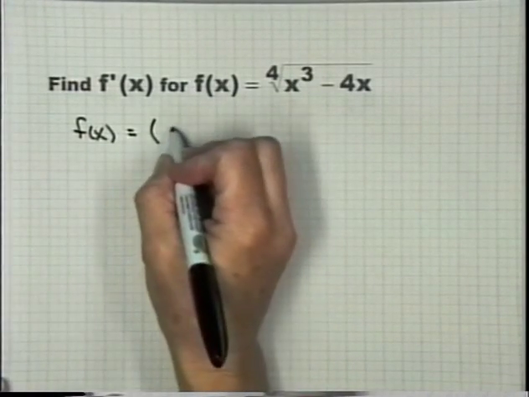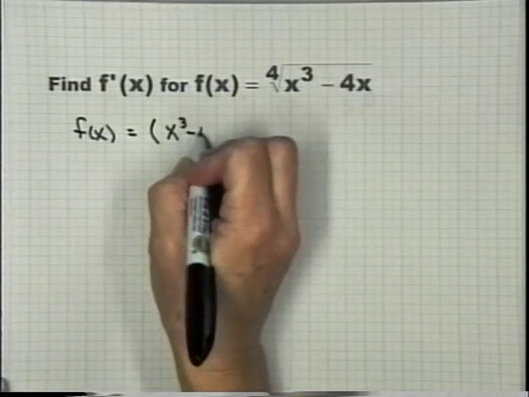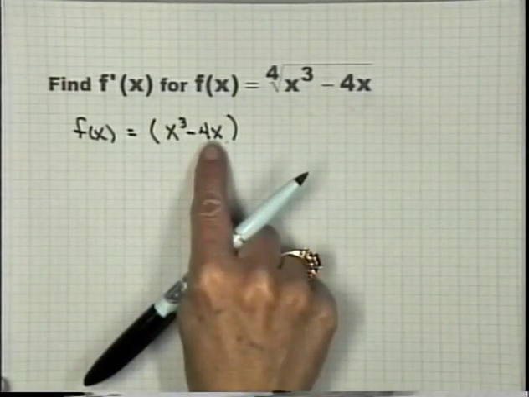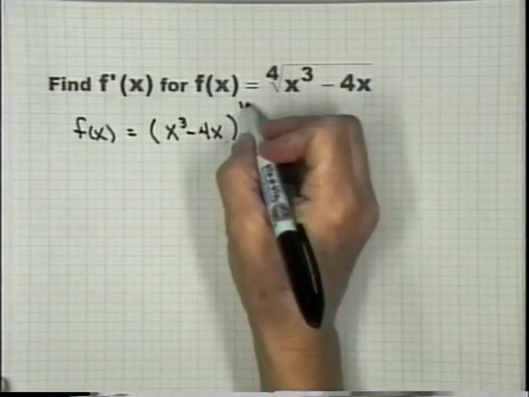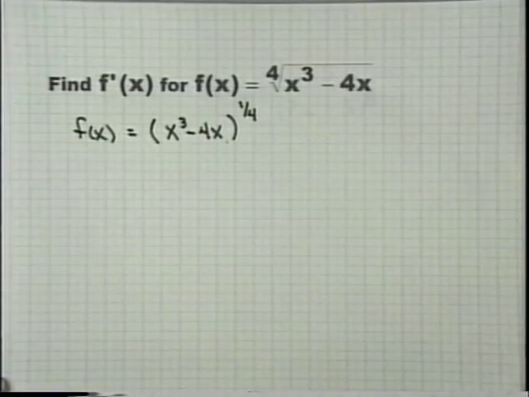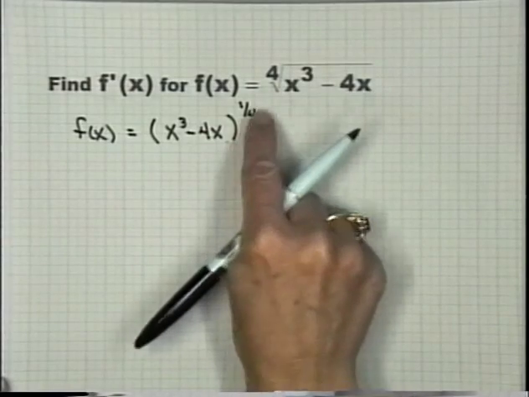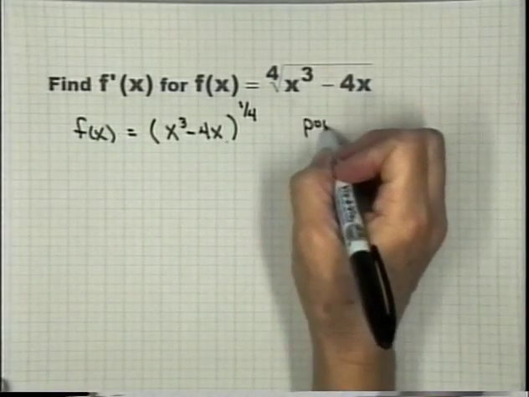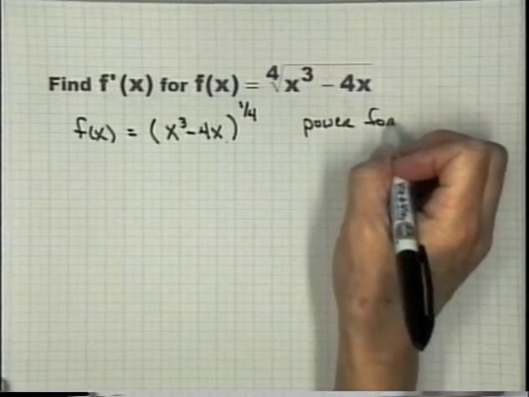So instead of saying the 4th root of x cubed minus 4x, I'm going to take the quantity x cubed minus 4x to the 1/4 power. Remember, your fractional exponents indicate a root. This has this thing written in a power form.